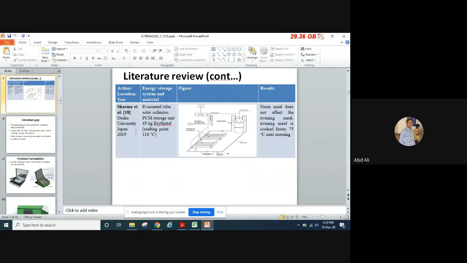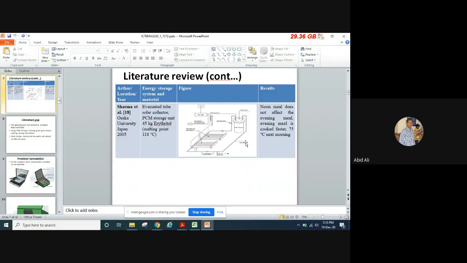Sharma et al. in 2005 used a different technology. They collect solar energy at one point and transfer it to the energy storage system at a different part with the help of some kind of energy transport fluid.